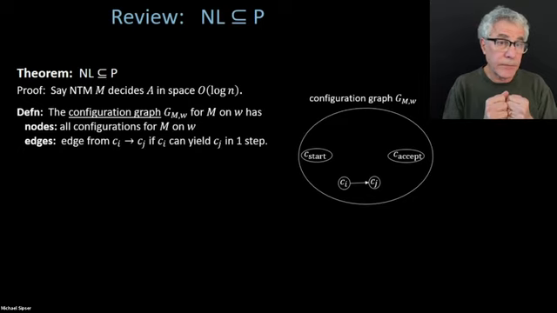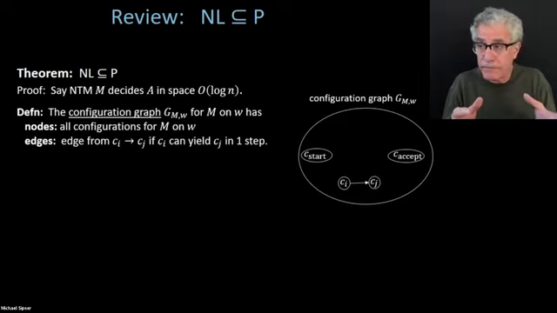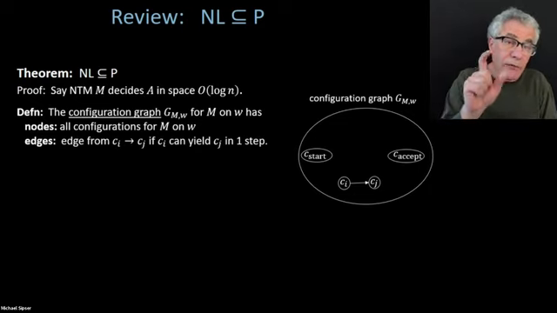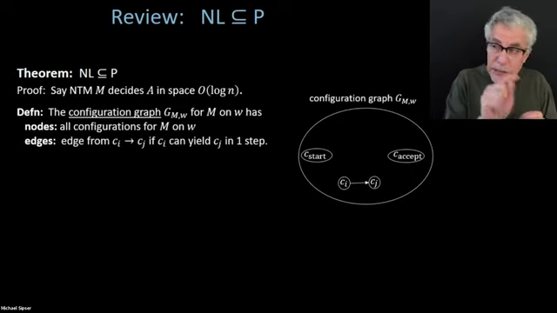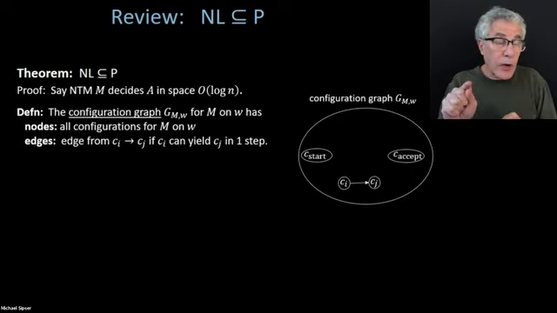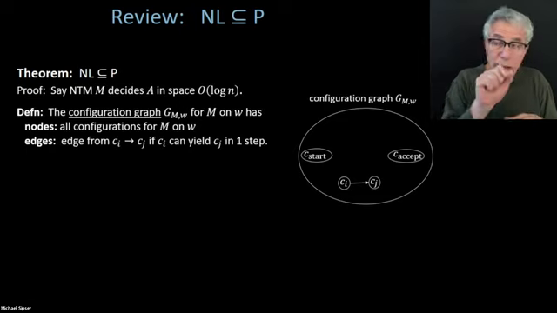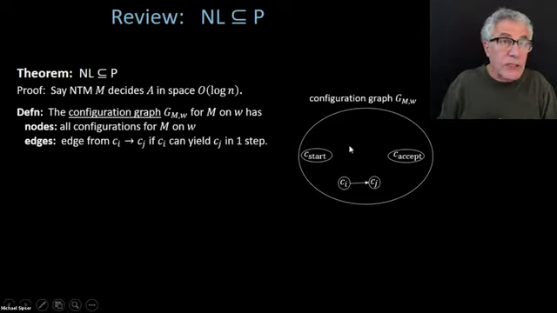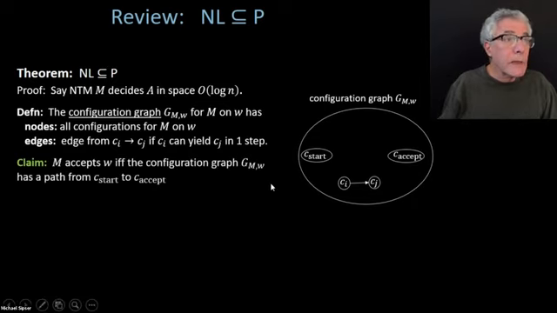There are only polynomially many configurations, so you can write down all those configurations as the nodes and then look at each pair of nodes to see whether one configuration could lead to the other according to the machine. Since it's a non-deterministic machine, a configuration could have several different legal successors, but those are just several different outgoing edges from that node in the graph.